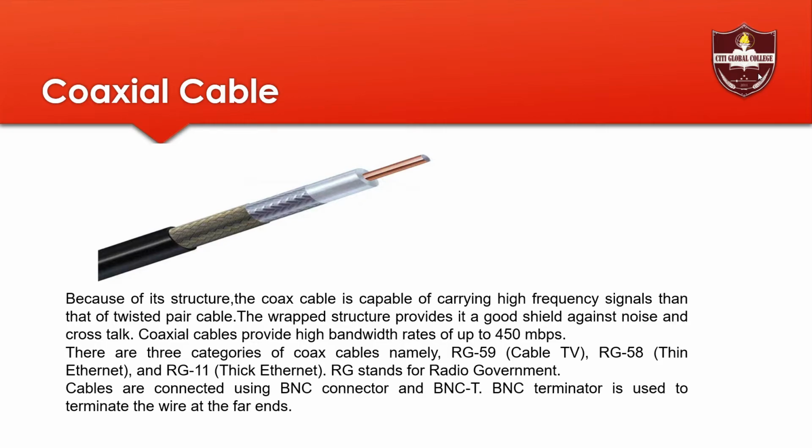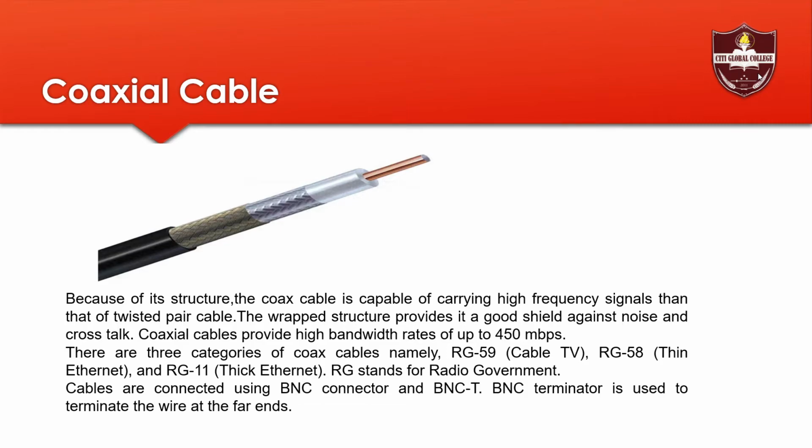Because of its structure, the coax cable is capable of carrying higher frequency signals than that of twisted pair cable. The wrap structure provides a good shield against noise and crosstalk. Coaxial cable provides high bandwidth rates of up to 450 Mbps.